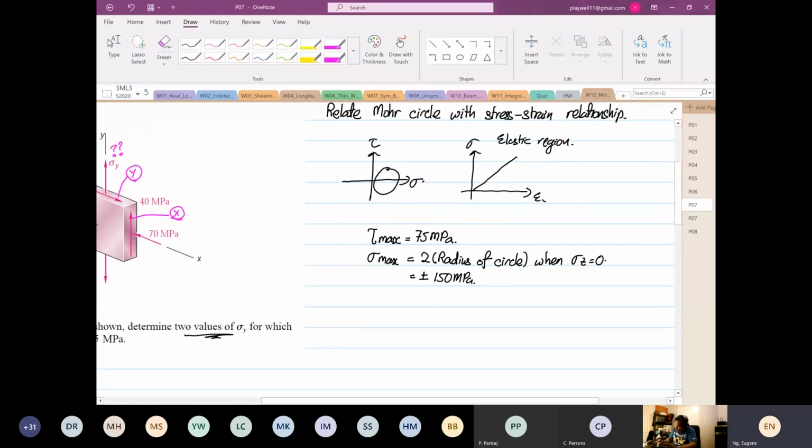So at this point we know the stress Y is equal to 150 megapascal. And we know that the shear stress is at 75. Okay? Right. I'm going to draw Mohr circle.